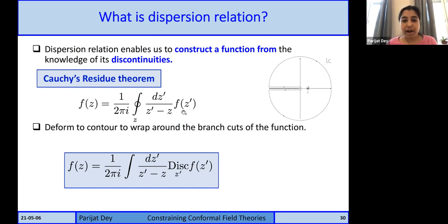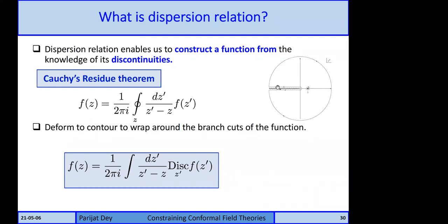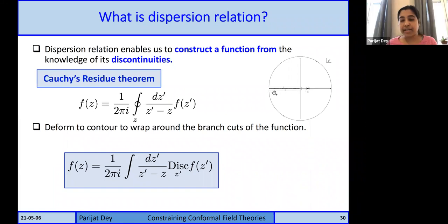Now suppose this function has a branch cut. So here, this is the branch cut of this function. And we deform the initial contour to wrap around the branch cut. So this bigger contour is a deformed contour, and this part wraps around the branch cuts.